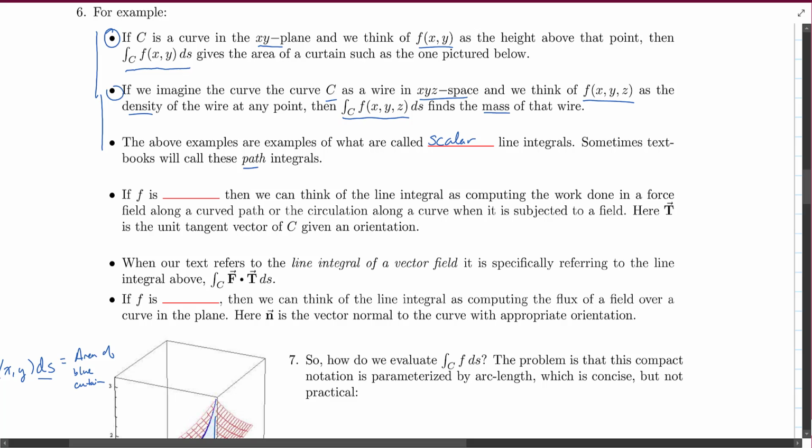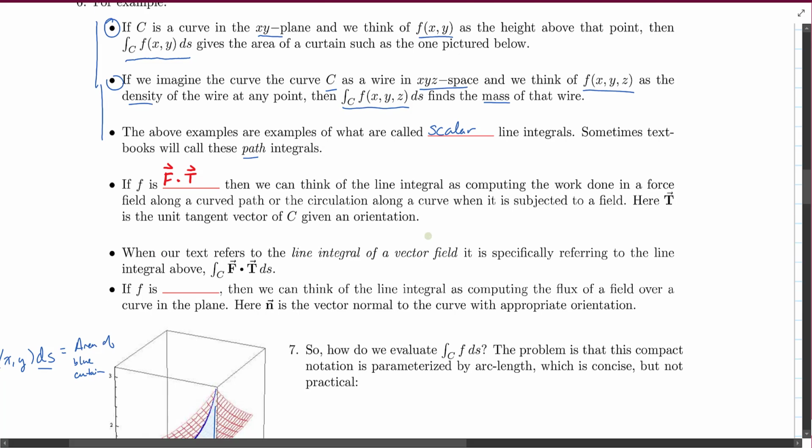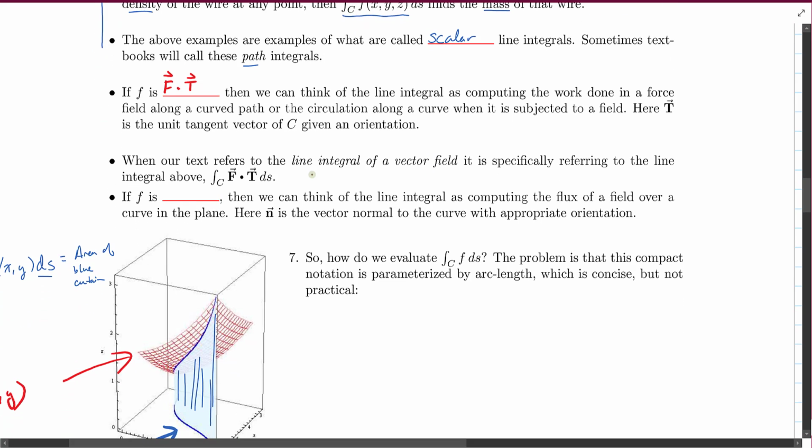The most natural one to pick is this one here, where we take the vector field function and dot it with the unit tangent vector of the curve. Notice that if we're dotting it, that is going to give me a real value, but we're going to go ahead and integrate over that dot product. And so we can think of that as a line integral over a vector field.